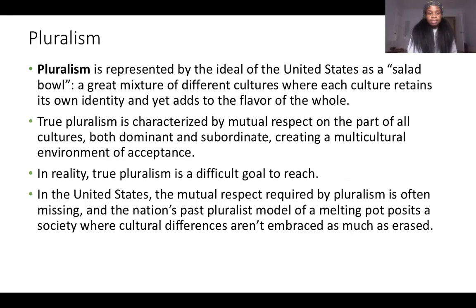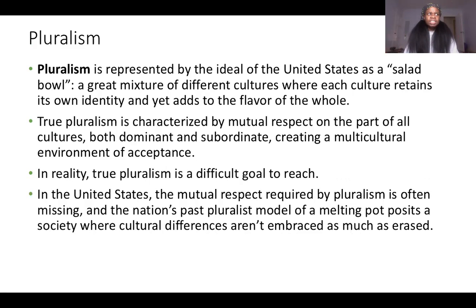And pluralism is the most ideal form of intergroup relations. So pluralism is represented by the ideal of the United States as a salad bowl. You had that Flipgrid assignment, right?